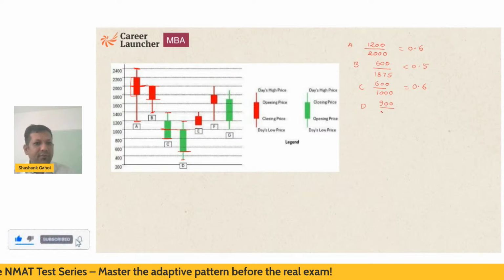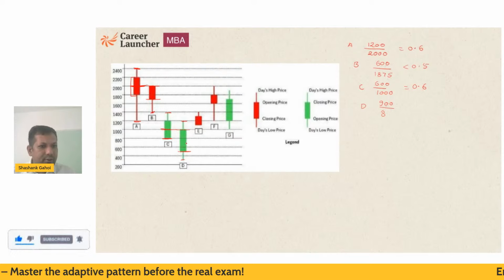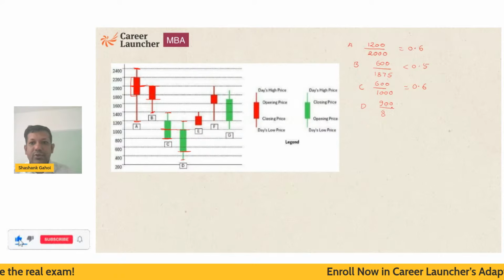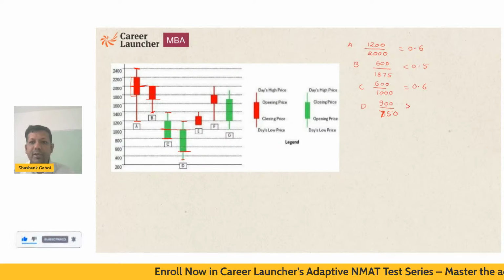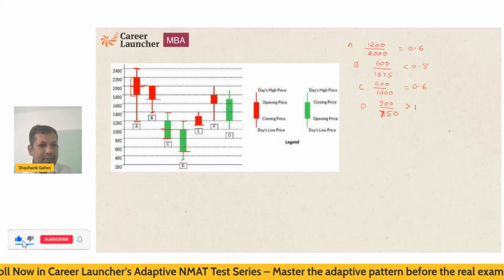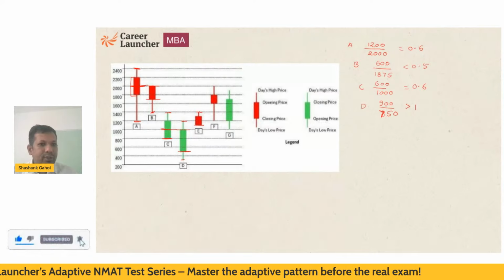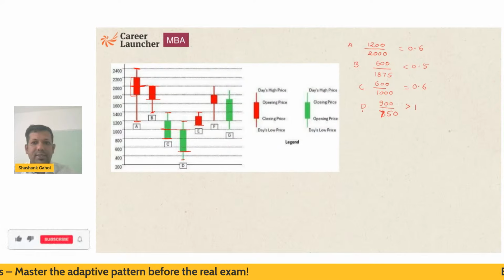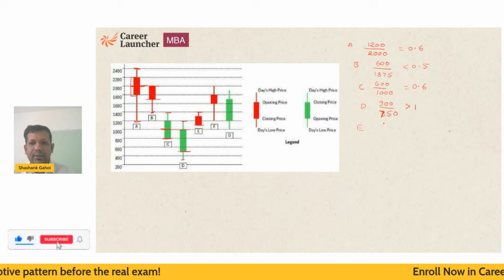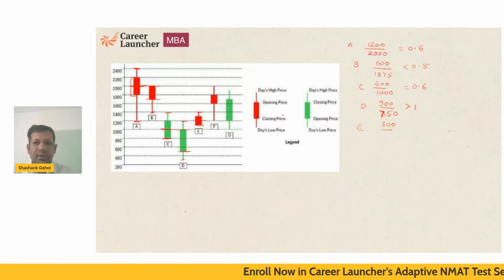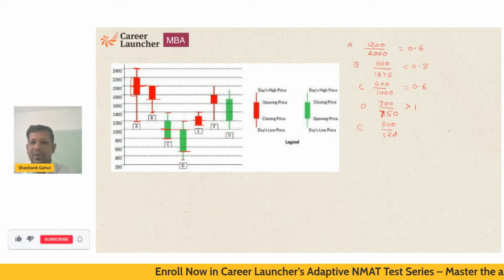That is greater than 1. For E, the difference is 1400 minus 1100, that is 300, divided by the average price 1200, which is definitely less than 0.5.